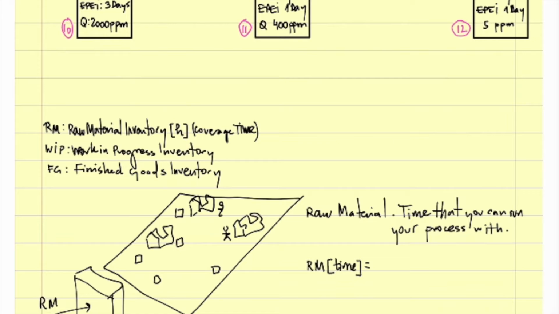Okay, so in terms, if you want the raw material in number of parts, the only thing you need to do is just the raw material in parts divided by the demand. Okay, because the demand is measured in parts per time. And this is important.